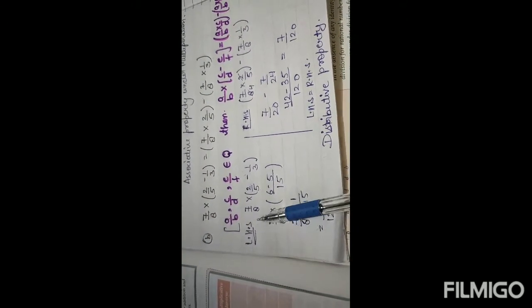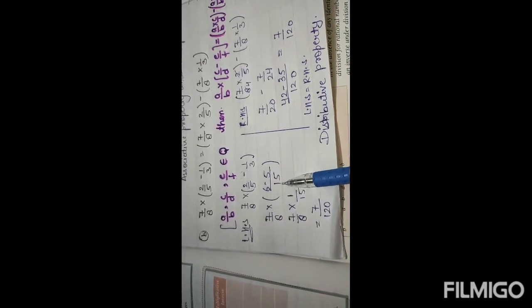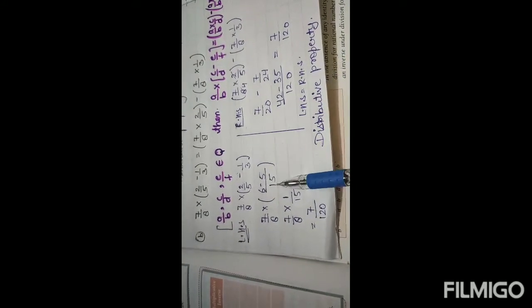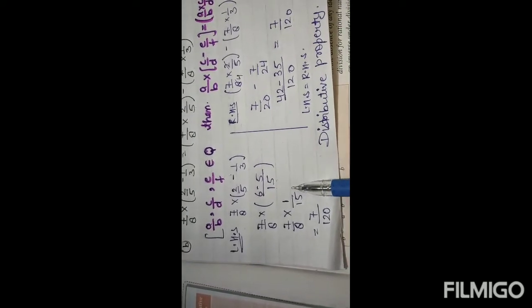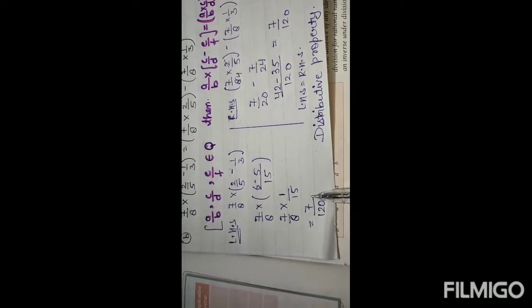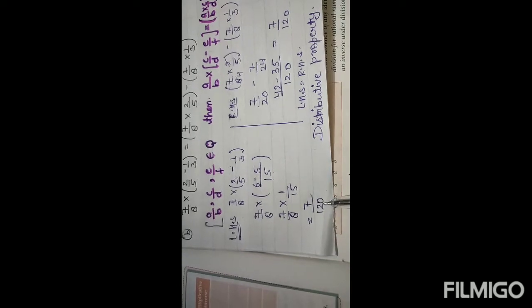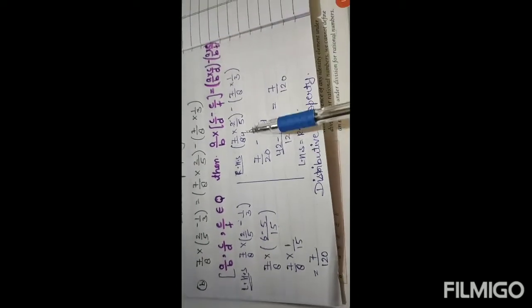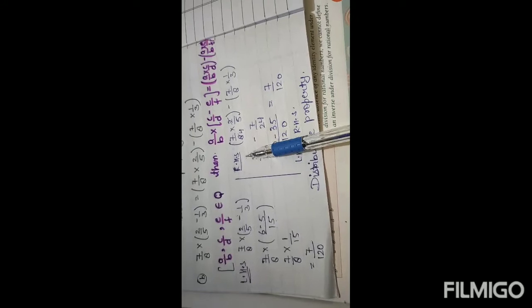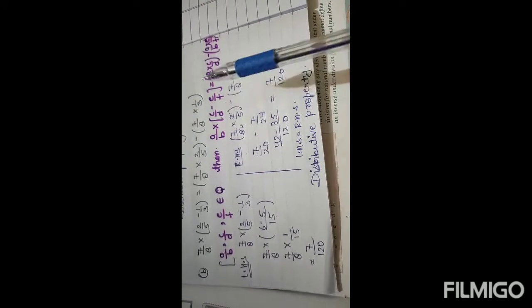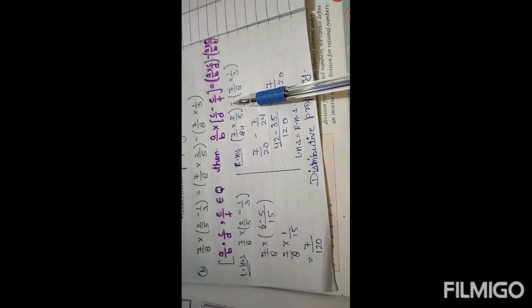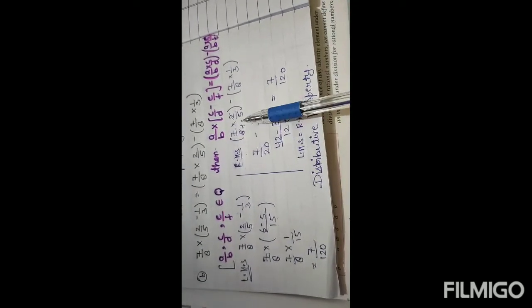First I have solved the LHS part and I have taken the LCM of 5 and 3 first. It will be 15, and then if you solve it you will get the answer 7 by 120 in the LHS part. Then I move to RHS, where first you have to solve this bracket, then this bracket, and lastly you have to do the subtraction.